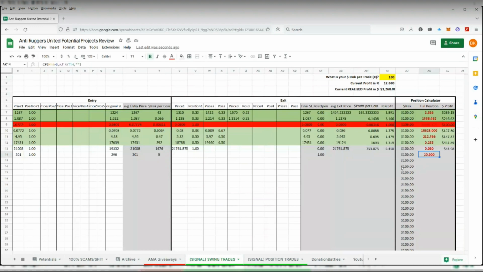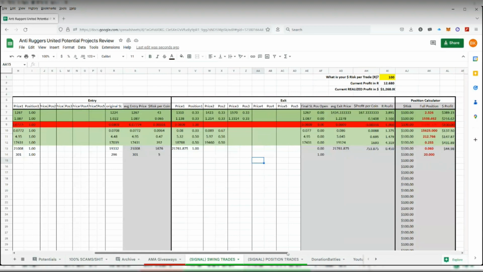Does that make sense? So I'm buying 20 BNB at 301 with a stop loss at 296. When the price hits 296, I'm losing $5 per coin. I have 20 coins, so I lose $100. That's how the math works.